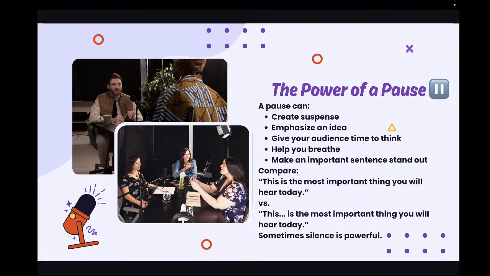Sometimes silence is very, very powerful. The first one is kind of generic, it doesn't have any emphasis, but the second one has emphasis on the word this.